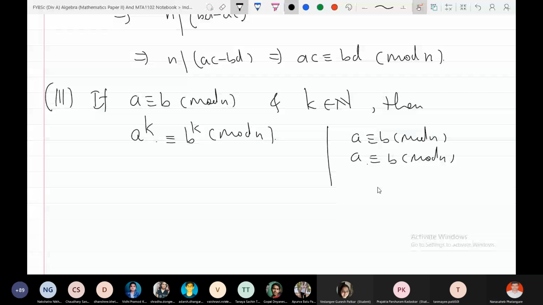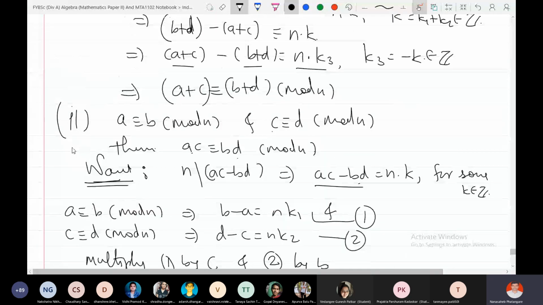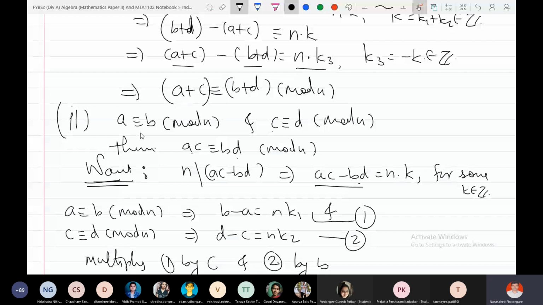Yes. So what I can say is, A square is congruent to B square modulo N. Yes, I am multiplying like the previous case. It doesn't matter what A, B, C, D are; in any situation this is true: A is congruent to B, C is congruent to D, then AC is congruent to BD. In particular, if C is equal to A and D is equal to B, then also I can multiply. So A square.